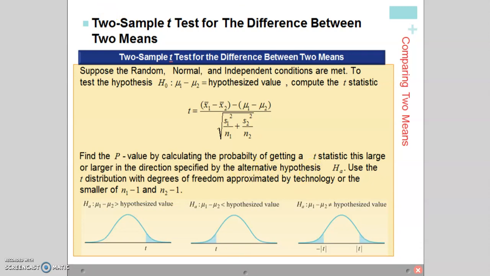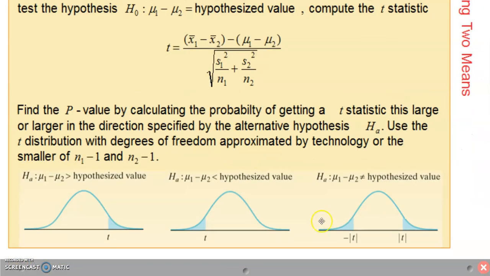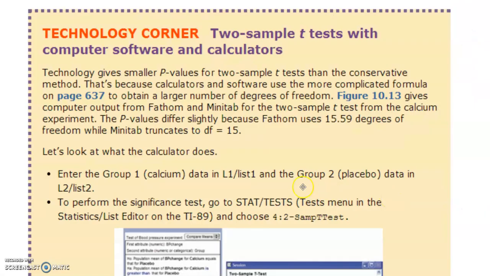And here are your options for the alternative hypothesis. It can be greater than your hypothesized value, less than your hypothesized value, or not equals, and then you've got a two-tailed test. And of course, our calculators can do this as well.